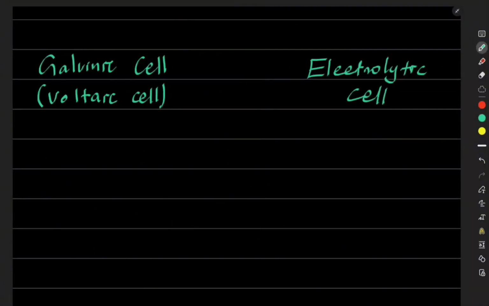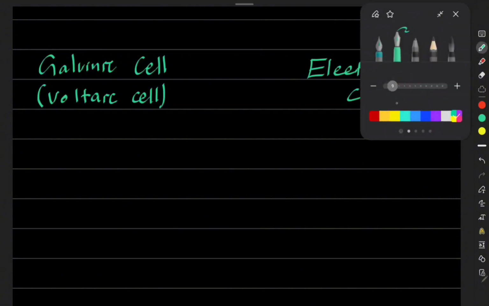There are 2 types of cells. First, the galvanic cell, and second, the electrolytic cell. The galvanic cell is also called a voltaic cell. In a galvanic cell, electricity is produced spontaneously.